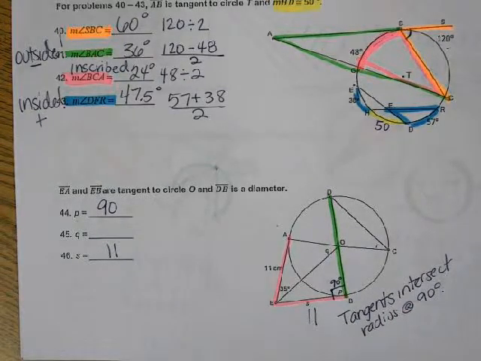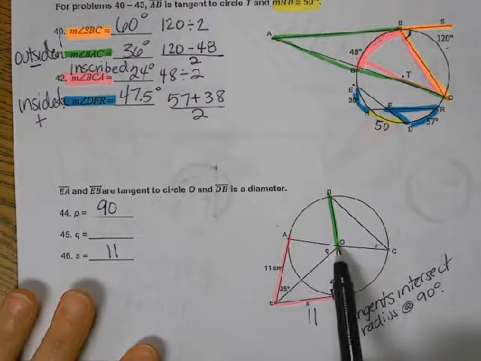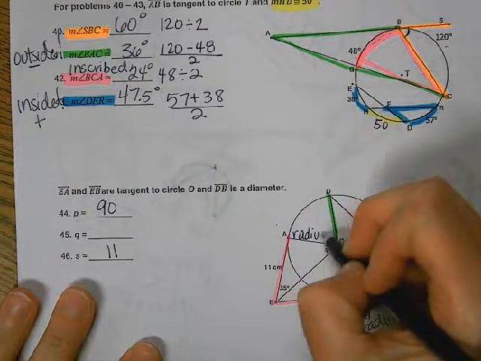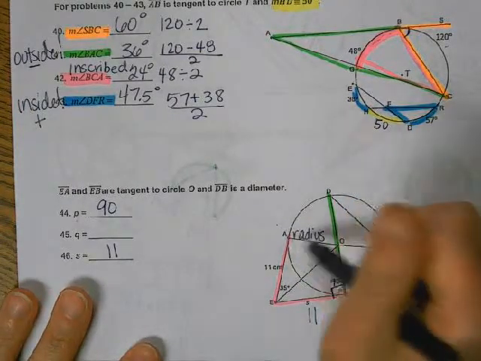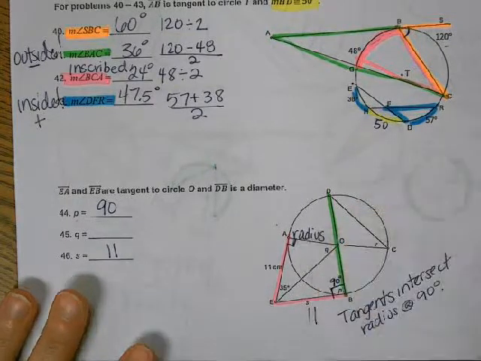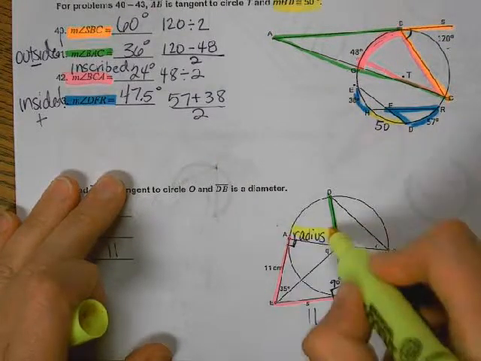So we've got P. Now we have to find Q. We just said that tangents intersect a radius at 90 degrees, and from O to A is a radius. So since this is a radius, then right here has to be 90 degrees. Tangents intersect a radius at 90 degrees.